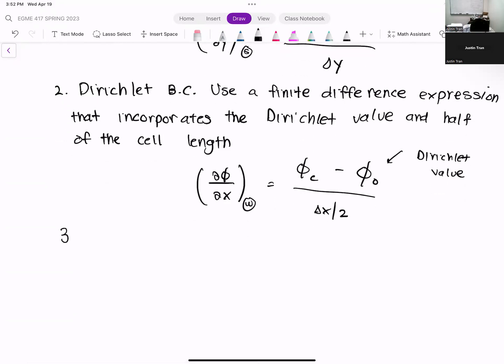The third case is if we have a Neumann boundary condition. This is the easiest case. Here, you replace the entire derivative expression with the Neumann value.